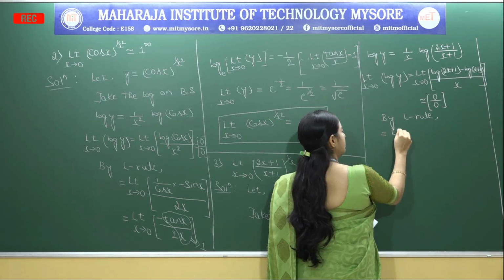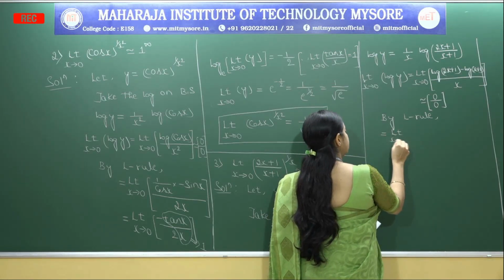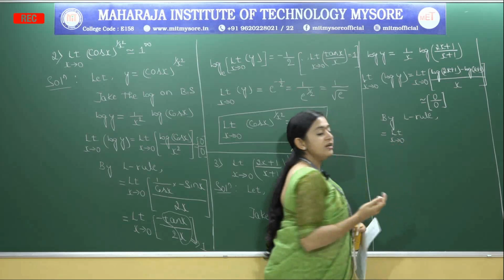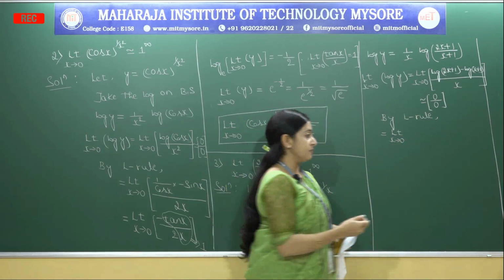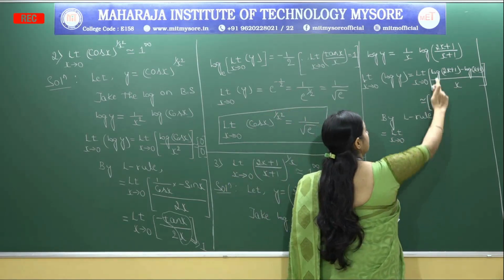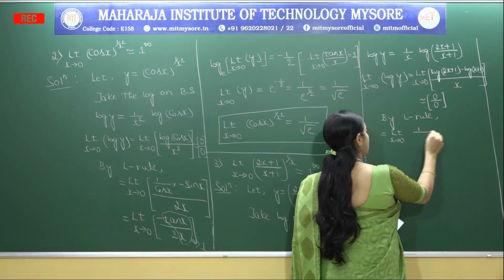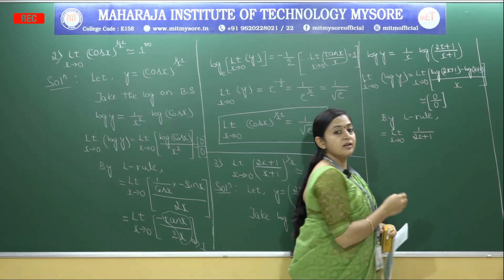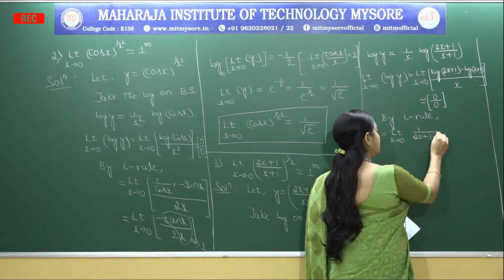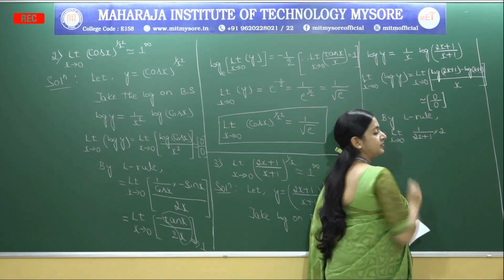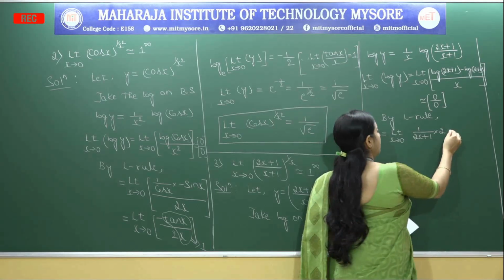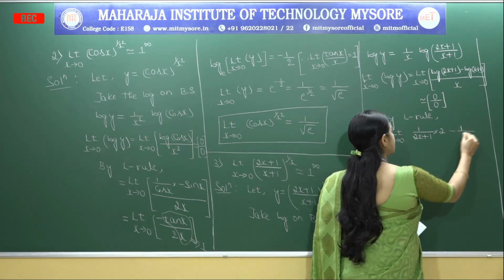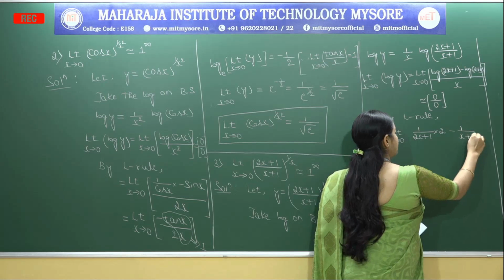for the LHS part, limit as x tends to 0, differentiate the numerator and denominator separately. The first one, log x differentiation is 1 by x, so 1 by 2x plus 1. Differentiate 2x plus 1, you will get 2. Second term, log x plus 1 differentiation is 1 by x plus 1.